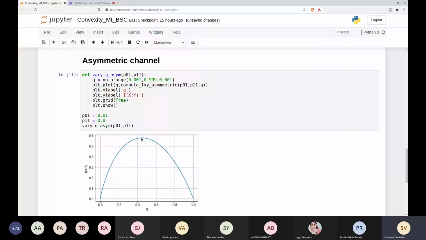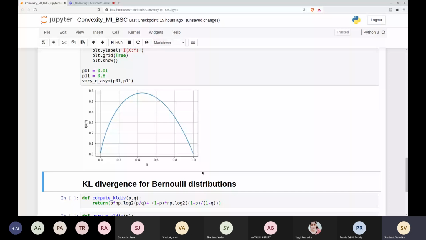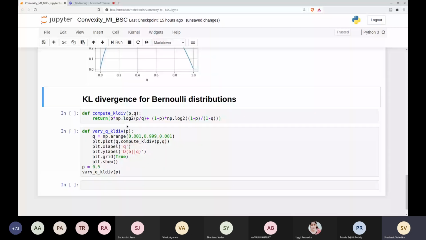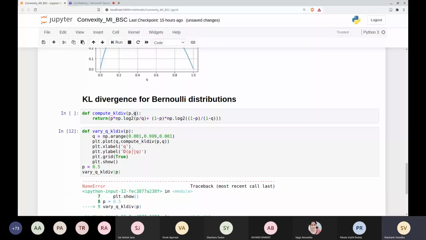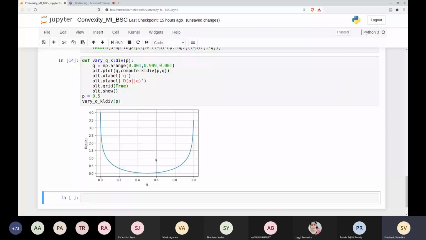Now that we've seen the mutual information, let's see what happens for the KL divergence. Let's look at two distributions, Px and Qx, where Px is Bernoulli P and Qx is Bernoulli Q. I'll plot the KL divergence as a function of Q for a given P. So I fix one of the distributions, P, and then plot this as a function of Q. This is what I get.